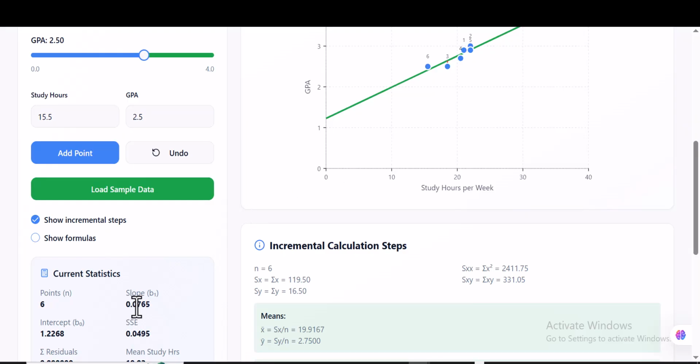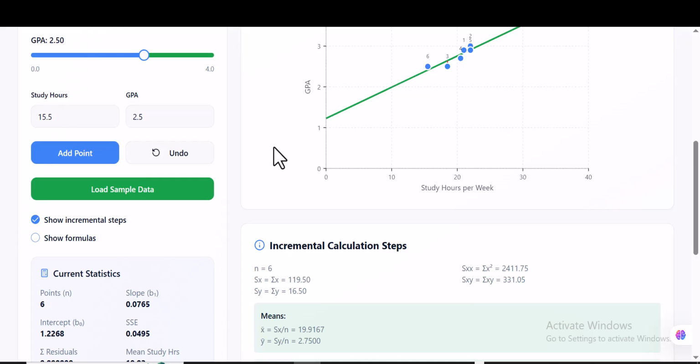And how are we going to interpret this slope? We can say that for a student giving 1 hour to the study, the CGPA will improve by 0.06765. And when we explain the y-intercept, it is the point where a student is not giving time to the studies. Still we have some CGPA. So what does it mean? It means that there are some other variables as well which are not in our model that can contribute towards GPA, even if a student is not giving time to his studies.